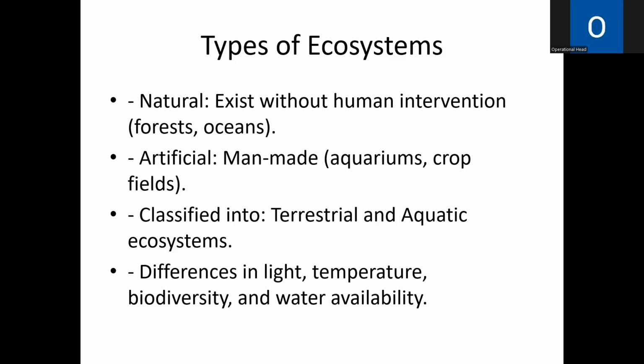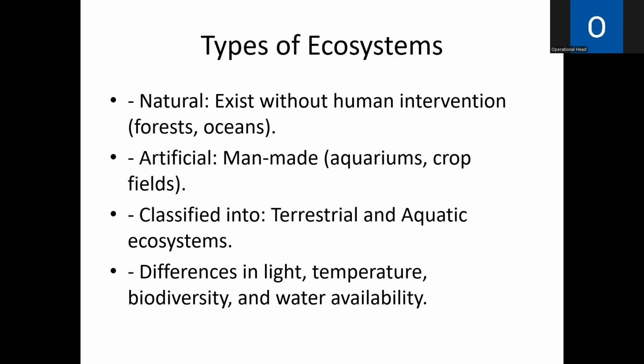Now come to the types of ecosystem. We have two major types of ecosystem: one is natural and the other is artificial. Natural exists without human intervention, formed naturally. We don't make it.